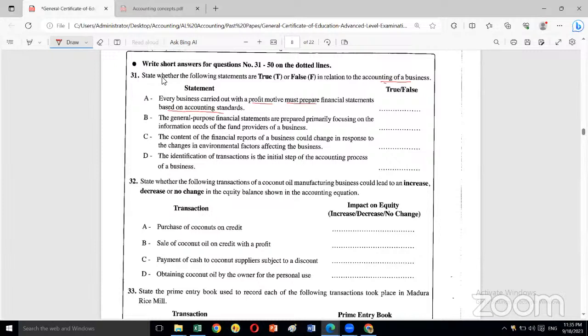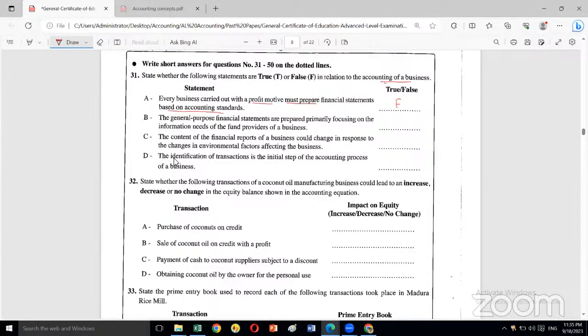If it is a sole proprietorship, is it compulsory to prepare the financial statements? No. If it is a partnership or company only, they should. Usually sole proprietorship and partnership are not compulsory to do the accounts. So is it true? No, it is false.